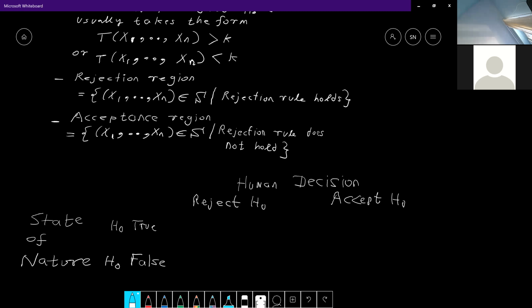These are the two possible outcomes of the decision made by people like us. And the state of nature can also have two possible outcomes, whether H0 is true or H0 is false.